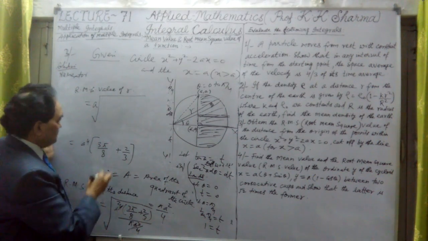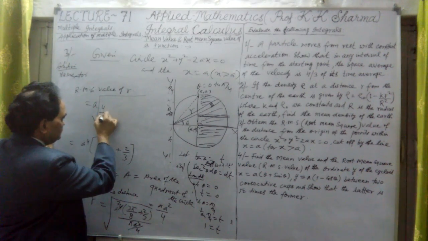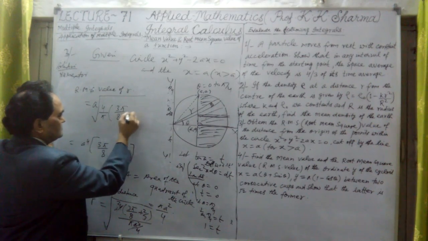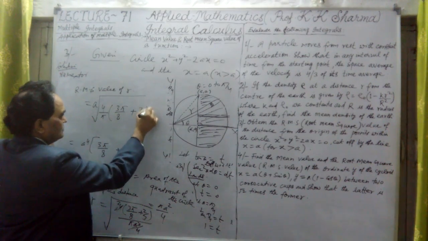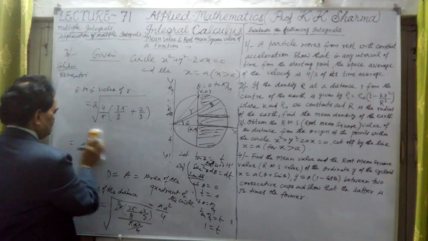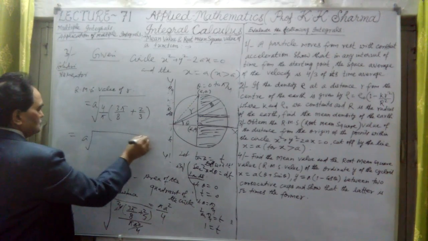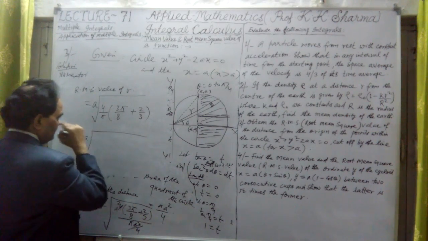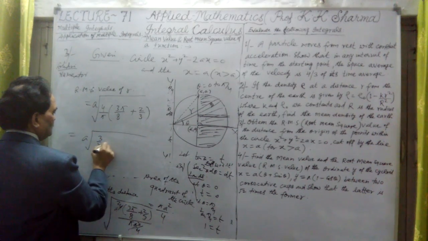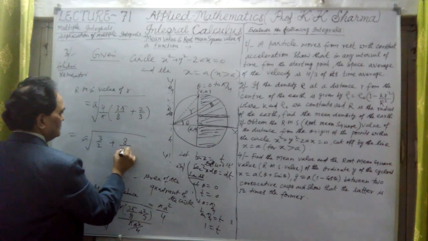So this 4 will come in the numerator. So 3 pi by 8 plus 2 by 3, we will multiply by 4 by pi inside. So what we will get? a under root, this is inside here. So 2 only, pi cancels out. So this is 3 by 2 plus 8 by 3 pi.